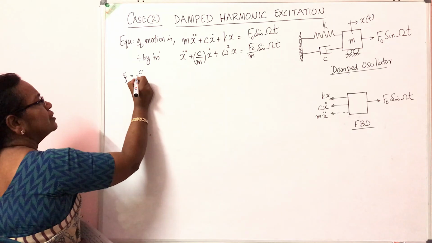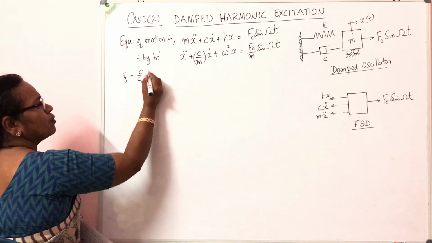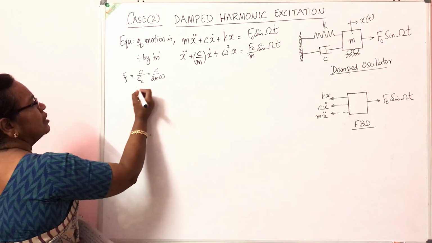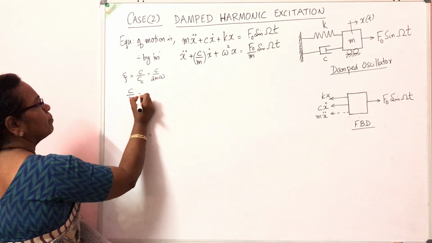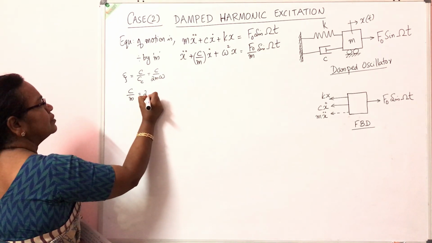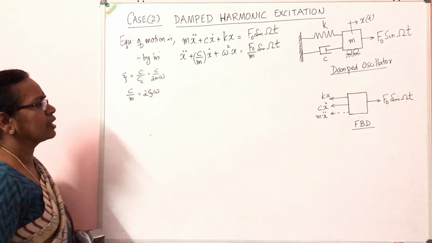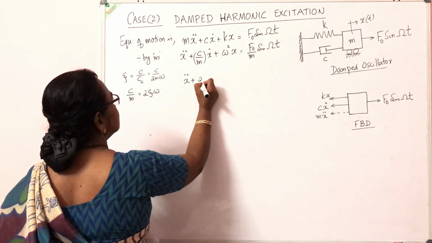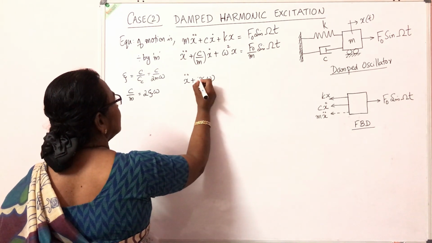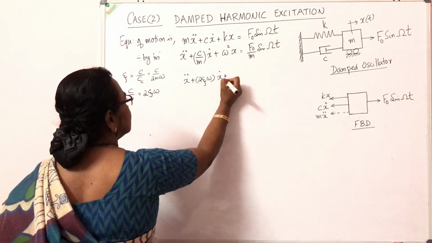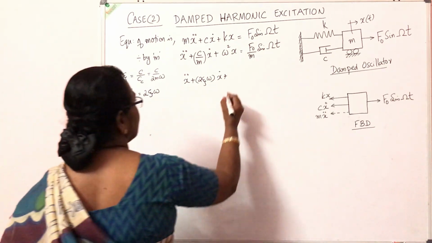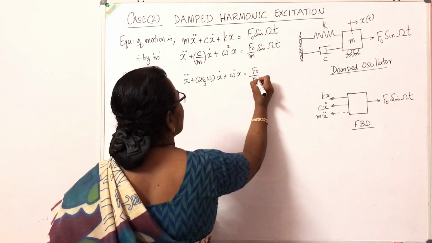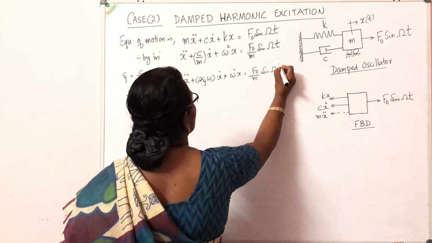Damping ratio is damping in the system to critical damping coefficient, or it is equal to c by 2 m omega. Therefore this c by m can be written as 2 psi omega. So in this expression, x double dot plus 2 psi omega x dot plus omega square x is equal to F0 by m sin Ωt.